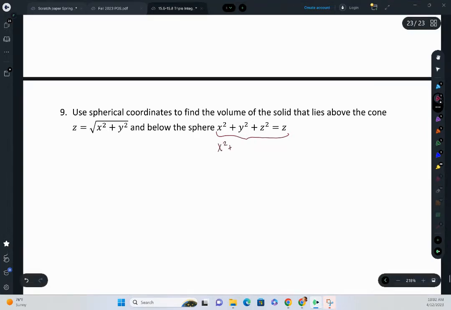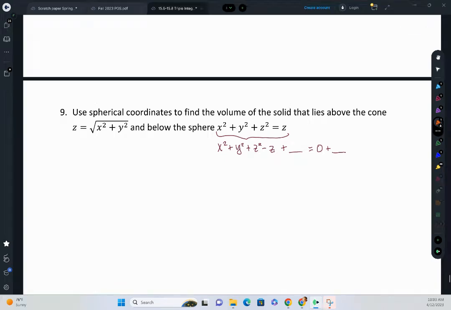So I move everything over. x squared plus y squared plus z squared minus z. I'm going to complete the square, so I have to add something, and that's equal to 0 plus something. Now remember, we take the constant in front of the z term, so we have negative 1, divide it by 2 and square it for a 1/4. So I'm adding a 1/4 to both sides.